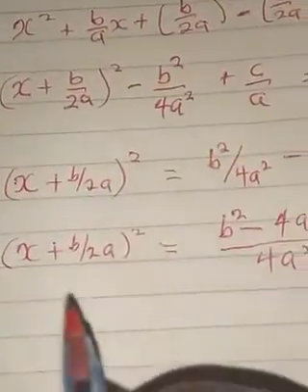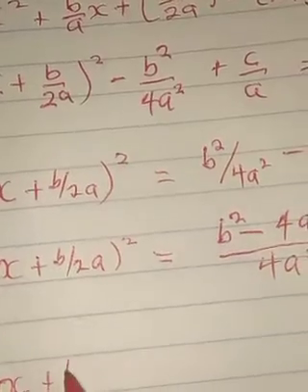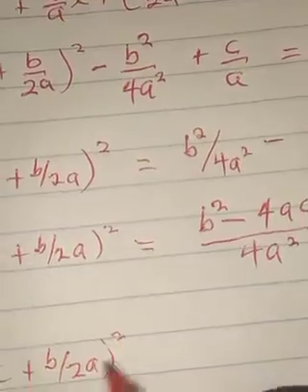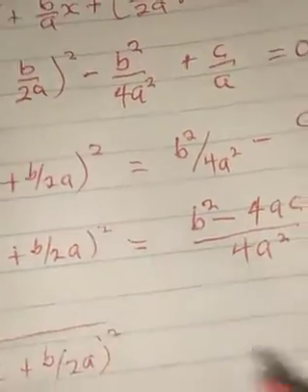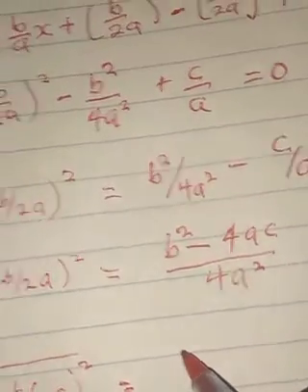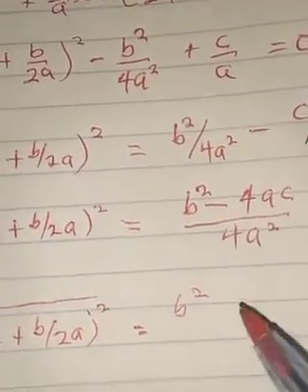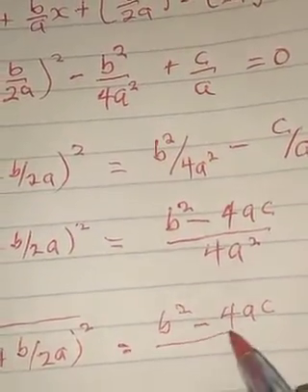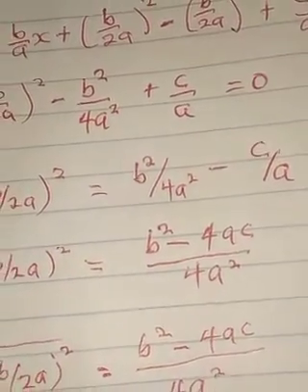So this is going to give us x plus b over 2a all squared, so you take the root here, is equal to b squared minus 4ac all over 4a squared.